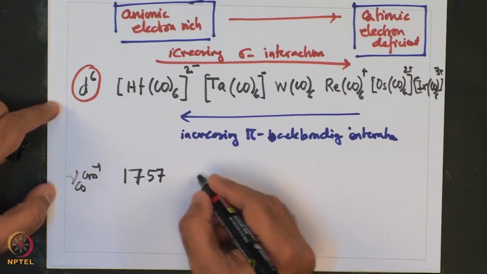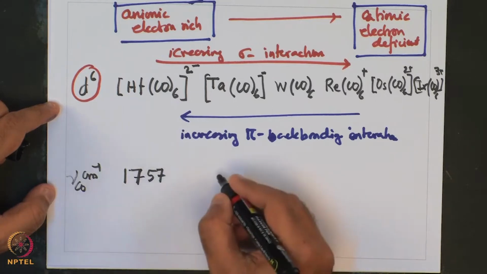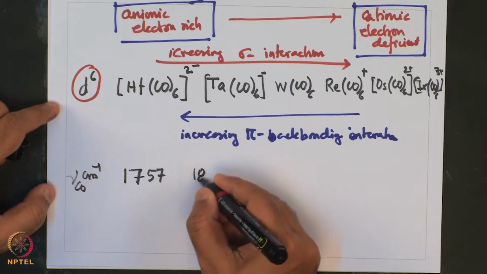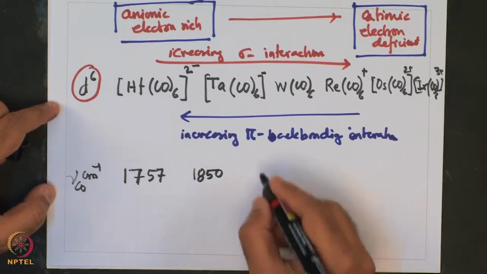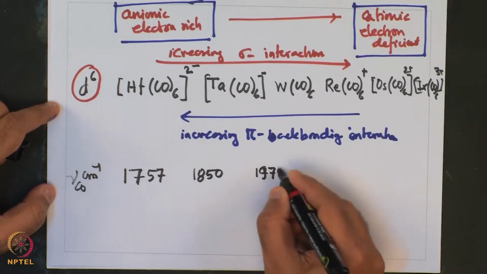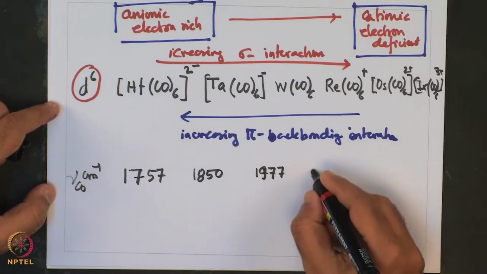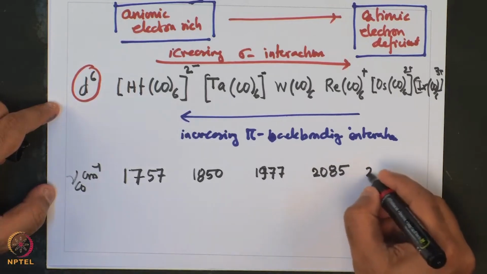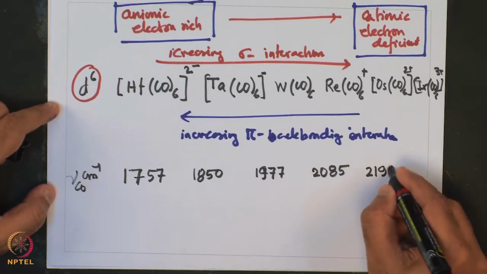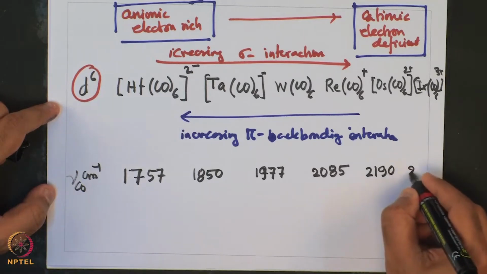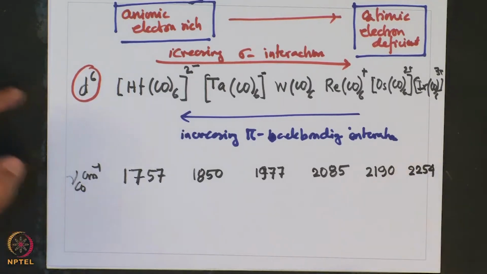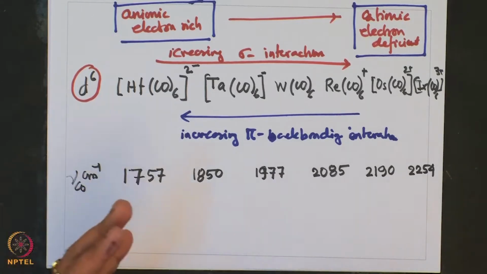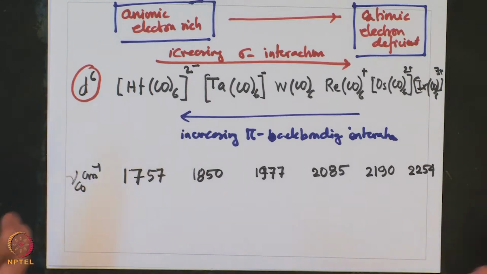Then tantalum, which is slightly less electron rich, has 1850, tungsten 1977, rhenium 2085, osmium 2190 and iridium 2254.